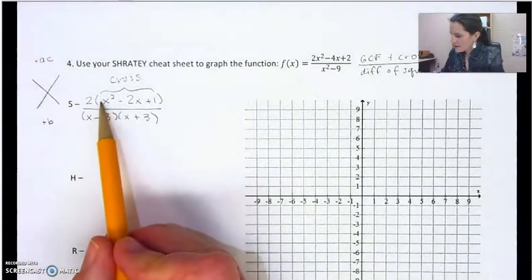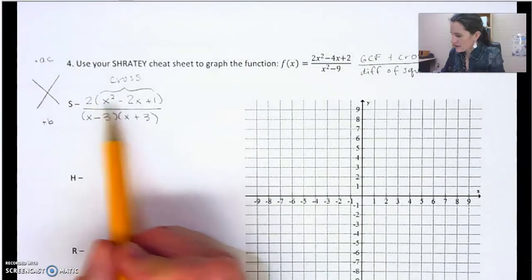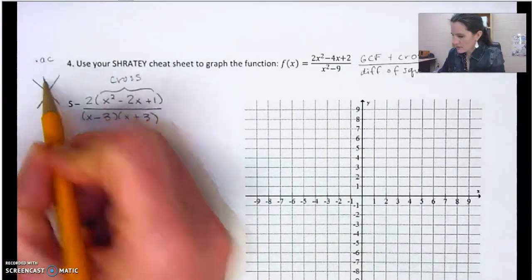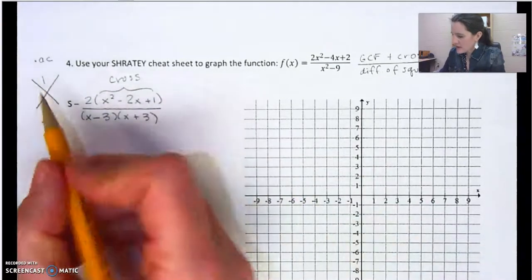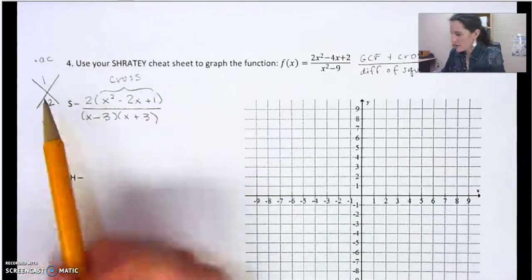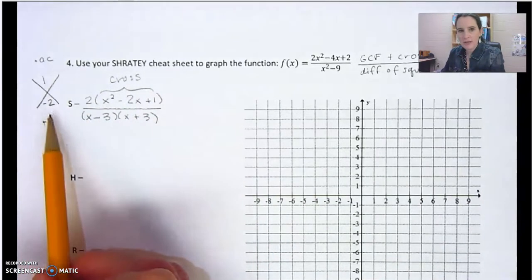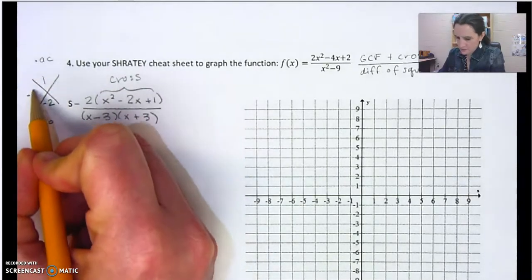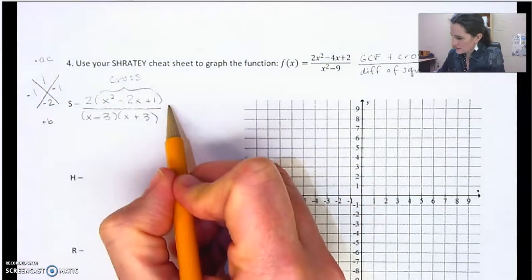So AC, there's a 1 in the A position, C is 1, so AC is 1 times 1, or just positive 1. The B value is negative 2, and we want 2 numbers that multiply to 1 and add to negative 2. So that's negative 1 and negative 1.